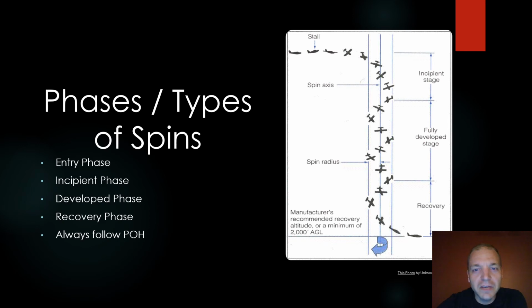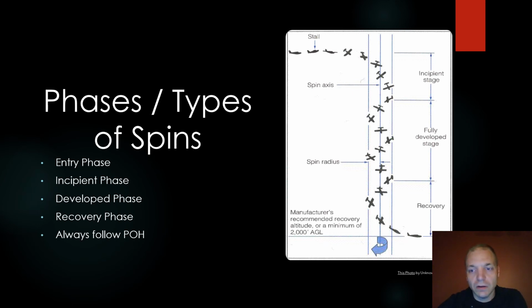The recovery: whatever your aircraft manufacturer, whatever's in the POH, that's what needs to be followed. But the generic recovery procedure would be to follow these steps: reduce the power to idle, neutralize the ailerons, so no banking at all, and then full opposite rudder.